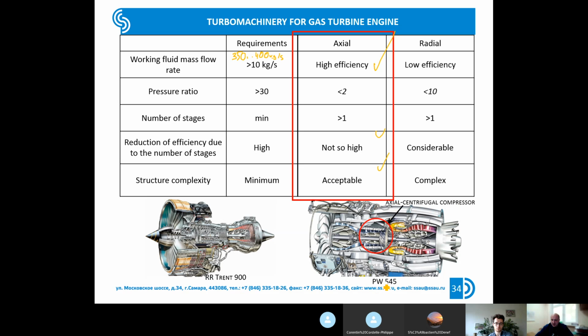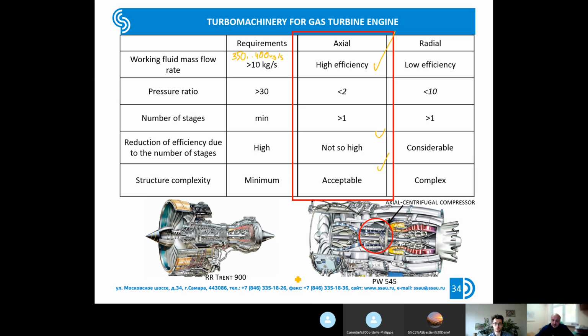For example, this is an engine from Pratt & Whitney company. Such a type of compressor is usual for engines with a small mass flow rate, for engines with small thrust. But typically for gas turbine engines we are using an axial compressor and an axial turbine.